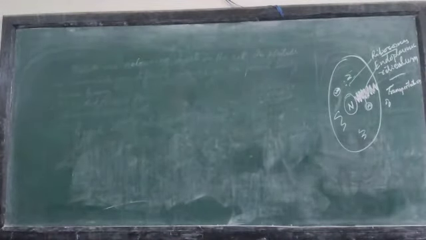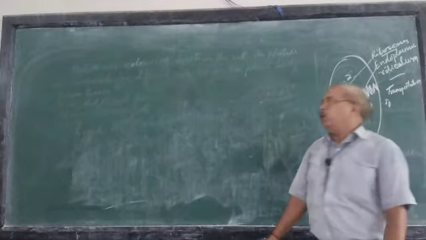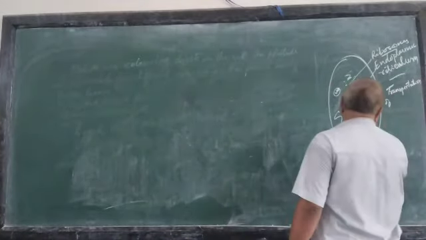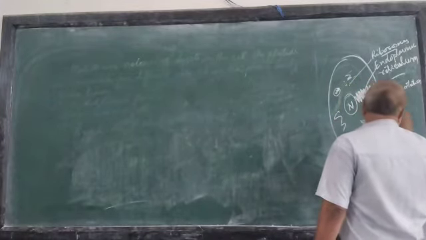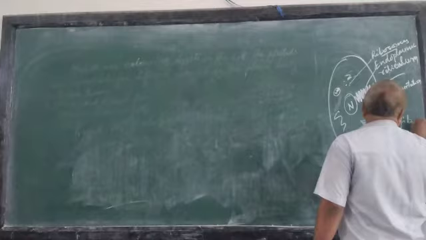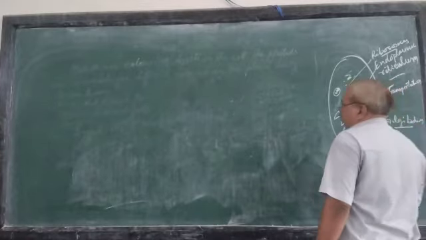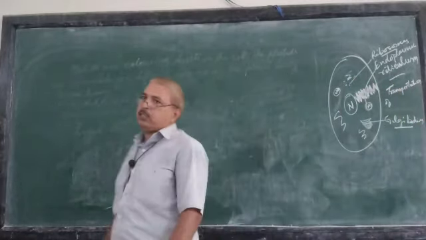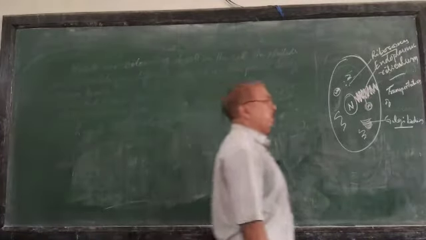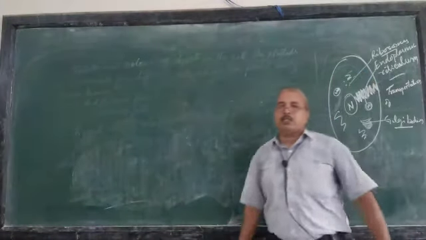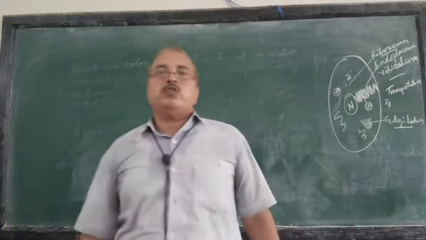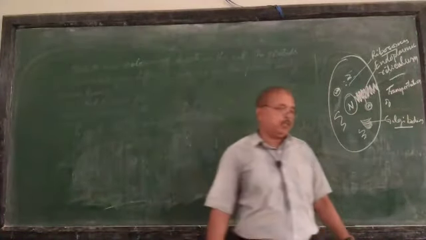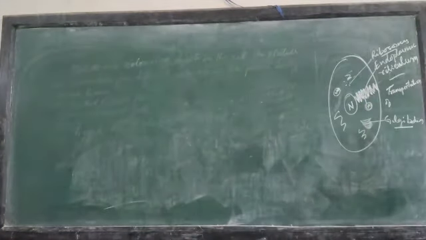They play an important role in the secretion of hormones and enzymes. Golgi bodies are platelet-like structures. These Golgi bodies are responsible for producing the enzymes. These enzymes are chemical substances produced inside the cytoplasm, and they help in the digestion of certain materials inside the cell. Clear?